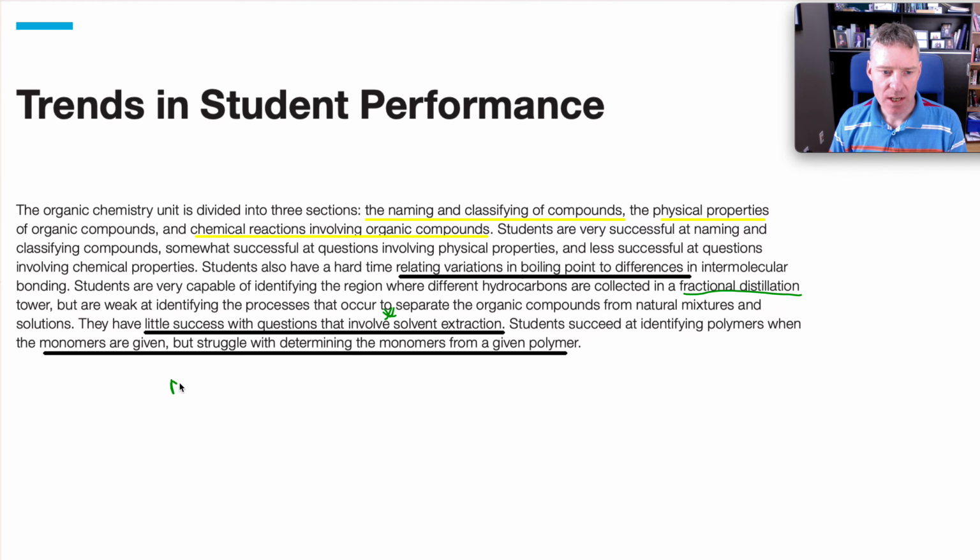When students are given the monomer, they can predict the polymer fairly well, but going backwards can be a bit of a challenge. So you might get a question where you're given this polymer, and I'll put 2 chlorines in the polymer.